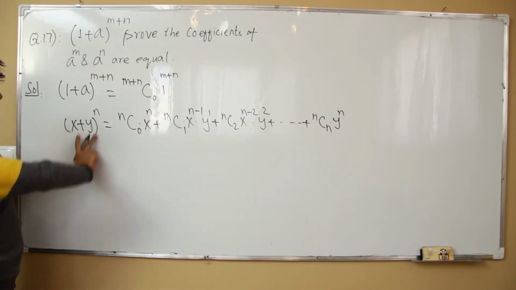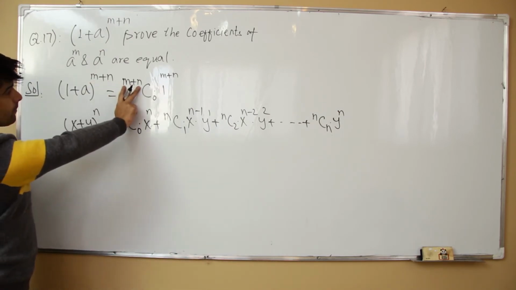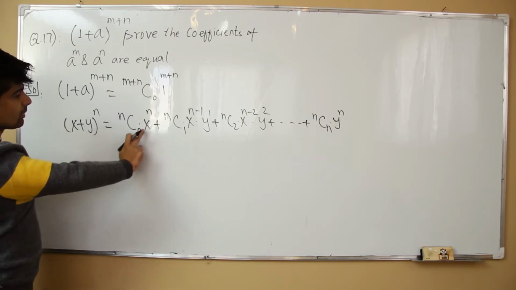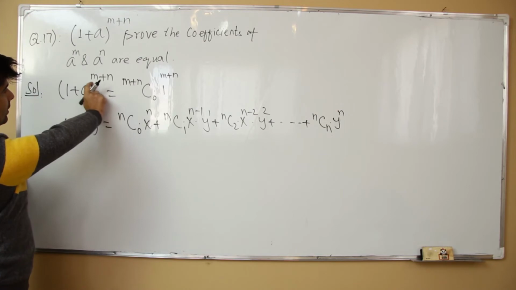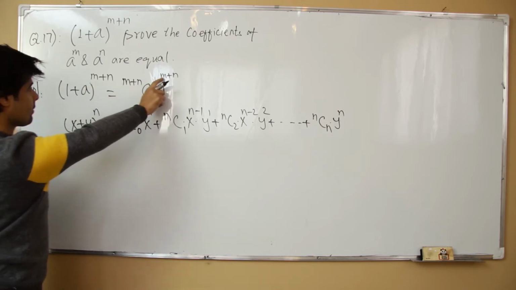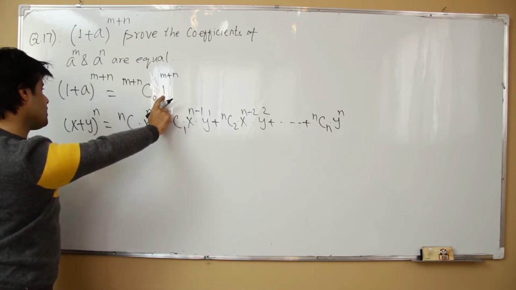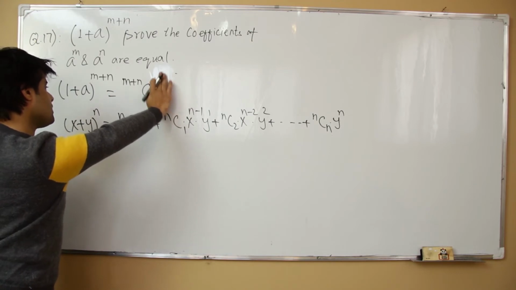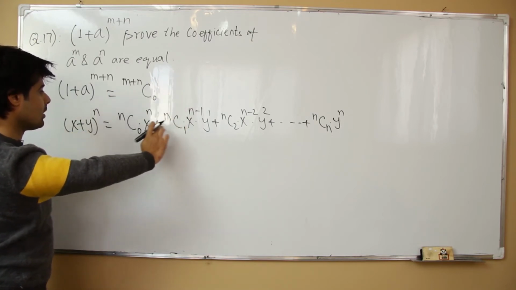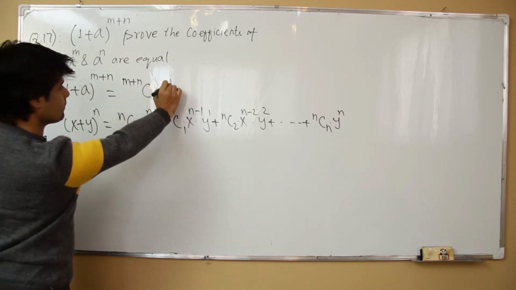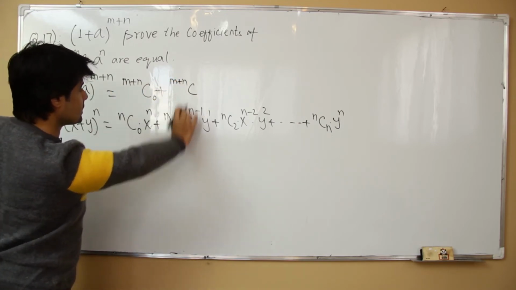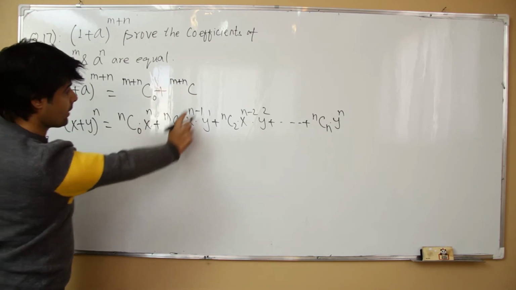Now your binomial n is m + n, (m+n)C0. The first term should be raised to the power m + n, but 1 raised to every power means 1, so do not write it. Plus, n is m + n, C1.